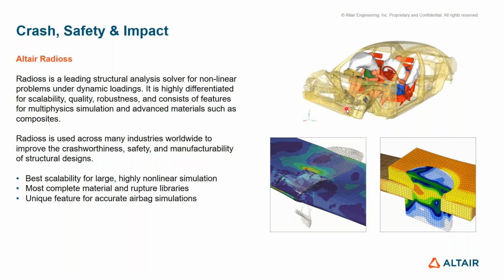So if you want to perform a full vehicle test with dummies placed along with seat belt mechanism, retractor mechanism, and so on, you can use Radioss for those applications.